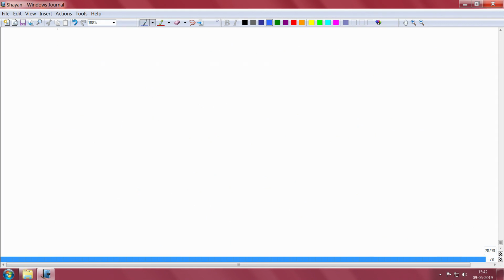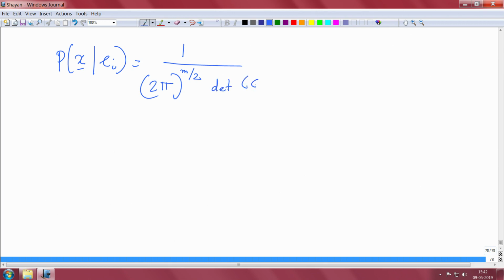So, let us get the conditional densities right now. P of x given C sub i is 1 upon 2 pi power m upon 2 determinant of the covariance matrix power half. We assume it is m-variate, that means there are m variables in the coordinates of the random vector. This is the denominator, and if C was singular you would see that the determinant of C would be 0.